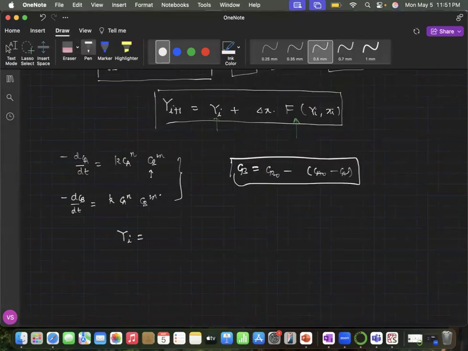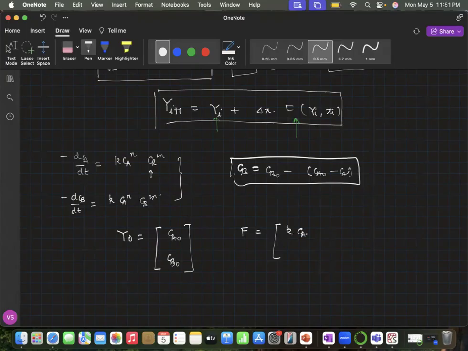And in this case, we'll start with the initial condition. So let's call it y0, which is going to be the initial C_A0, C_B0. And the function vector is also going to be a very simple one because both of them are the same.